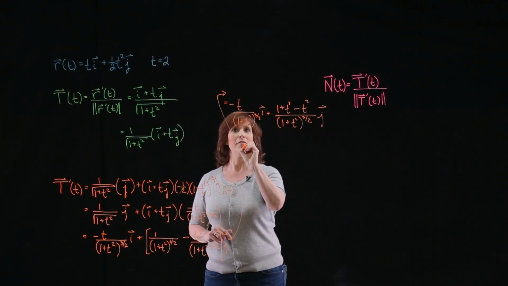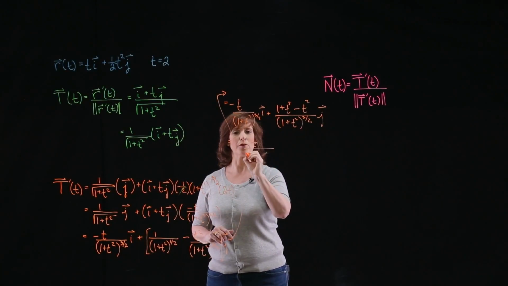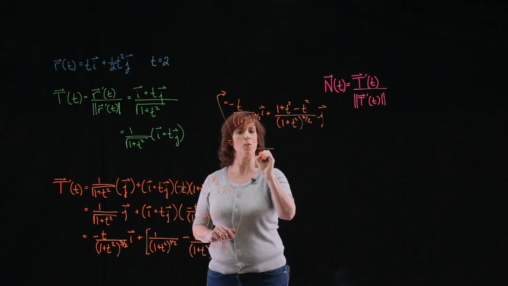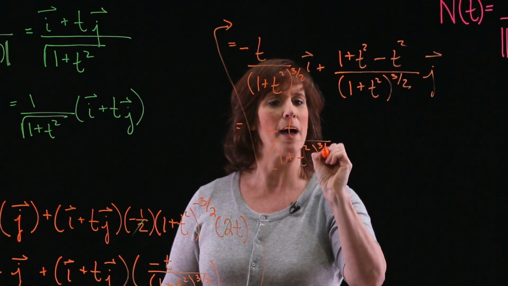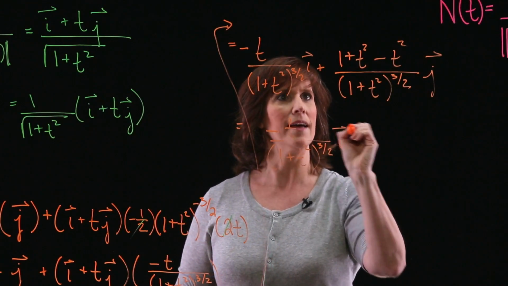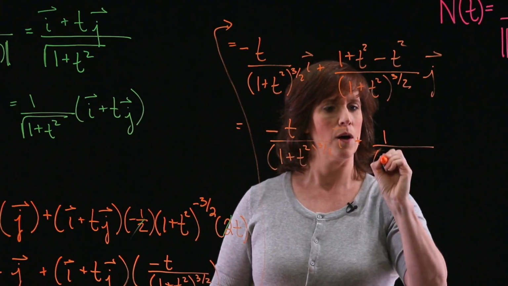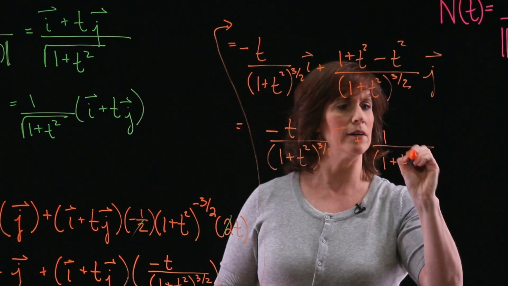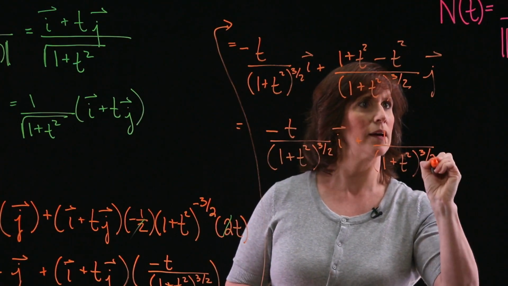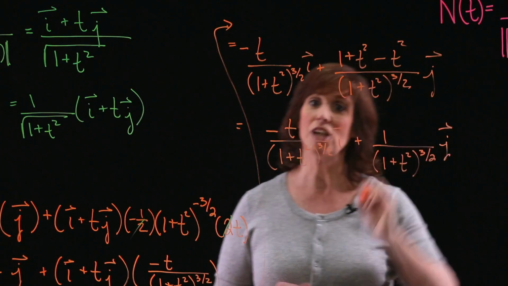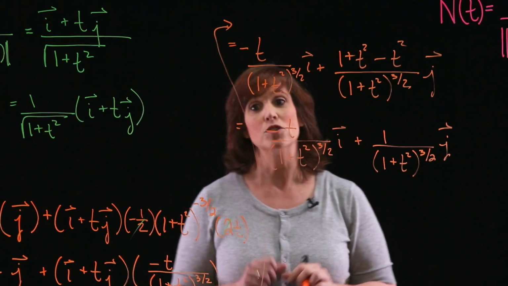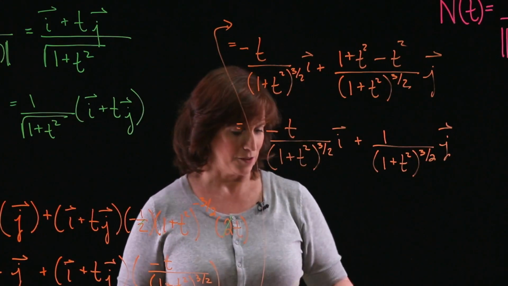So I have minus t all over 1 plus t squared to the 3/2 power times vector i plus 1 all over 1 plus t squared to the 3/2 power times my vector j. Okay, and that gives me the derivative of my tangent vector.